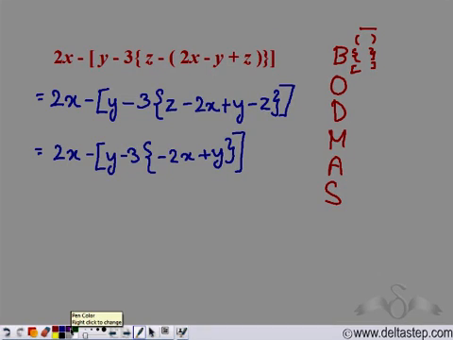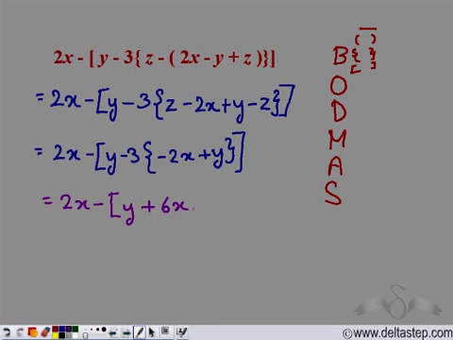Now let us solve for curly brackets. It has to be multiplied with negative 3. So each term inside the bracket has to be multiplied with negative 3. So we have 2x minus y. Negative 3 into negative 2x gives us plus 6x.